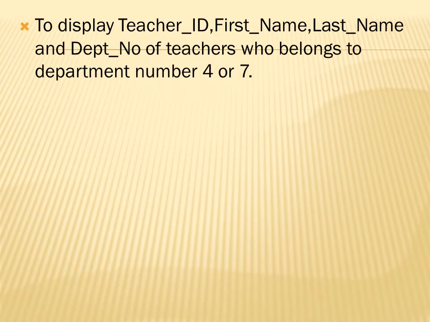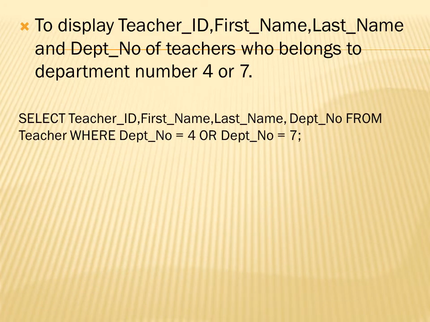To display the teacher ID, first name, last name and department number of the teacher who belongs to department number 4 or department number 7. You have to take only these attributes and you have to find the teachers who belong to department number 4 or 7. Okay, so how to write it?